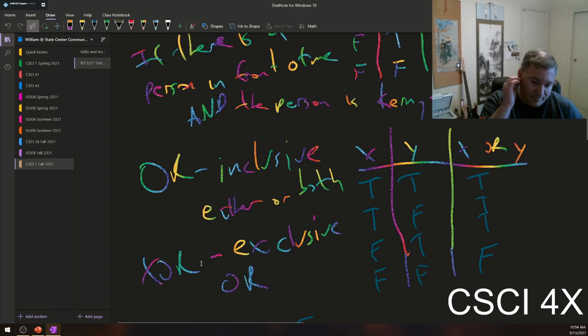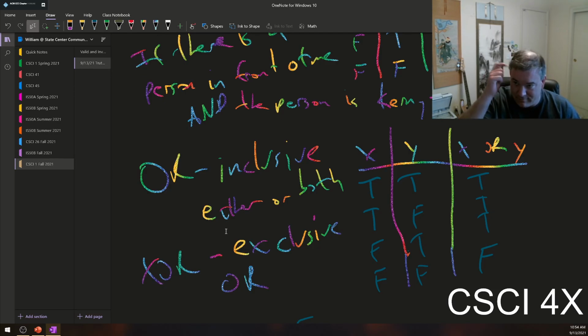In logic, if we say OR, it means inclusive, okay? But in English, if we stress it, do you want to take Japanese or Spanish? That means you're going to take one or the other, but not both, right? It's a very subtle difference that can get you sometimes.